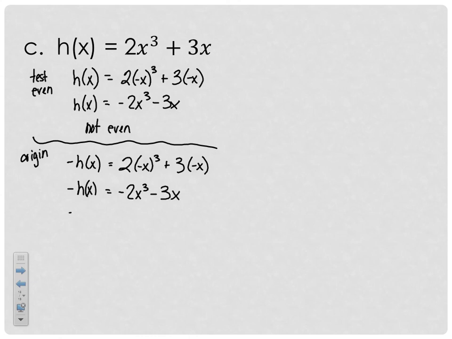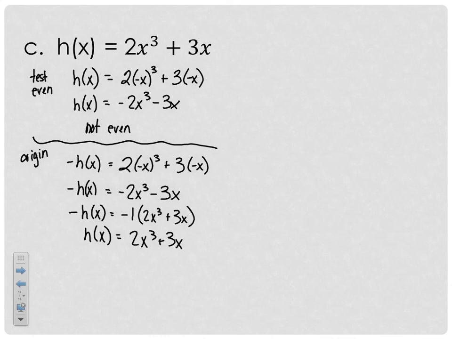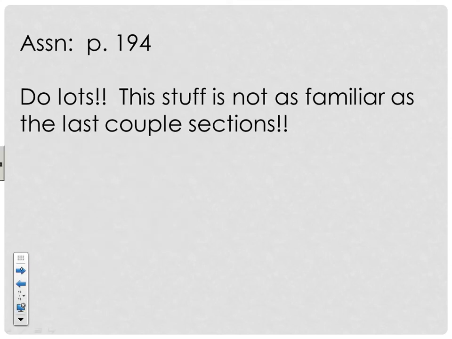Again, I'm going to see if I can get this negative off this side so it returns to the beginning. So I'm going to pull a negative 1 from here, so that I can now cancel or divide by negative 1 on both sides. And sure enough, it returns to looking like it did at the beginning. So this one is symmetrical about the origin. It is odd. Odd function.